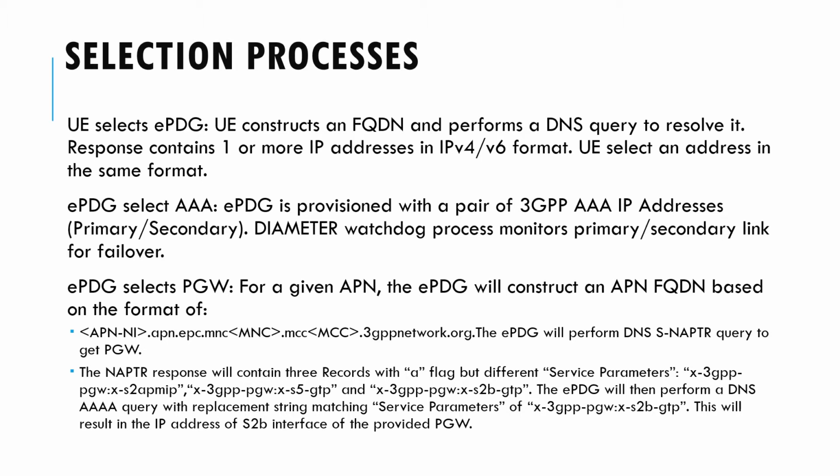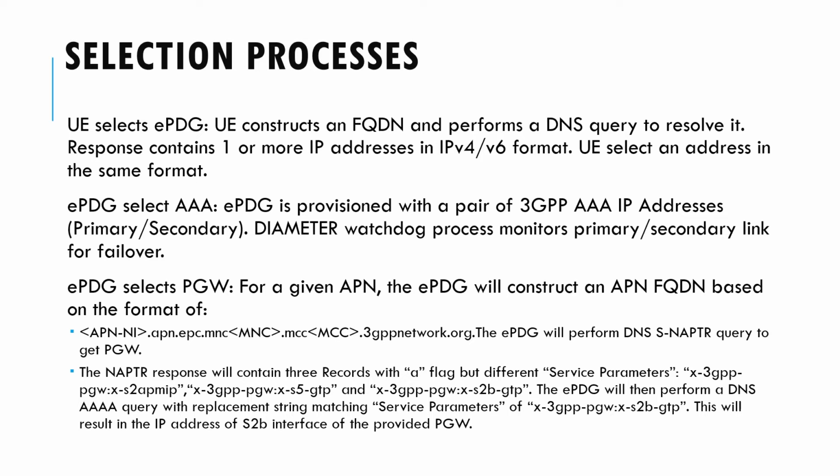The second service could be the GTP service, like x-3gpp-pgw:x-s5-gtp, and the third service could be x-3gpp-pgw:x-s2b-gtp. Basically these three services are for three different interfaces. The first interface is on PMIP, the second is on S5 GTP, and the third is on S2B GTP.